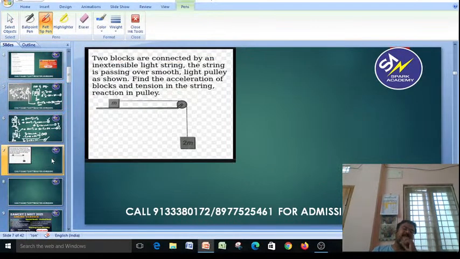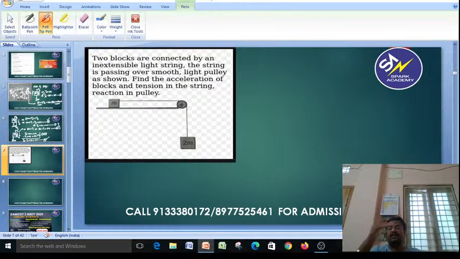The next type of question I have taken here is: two blocks are connected by an inextensible light string. See, this is different. One is horizontal and another one is a vertical block. The 2M block is vertically hanging and it is pulling the M block.